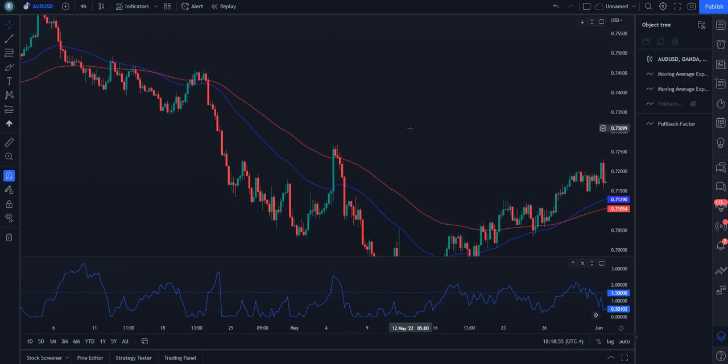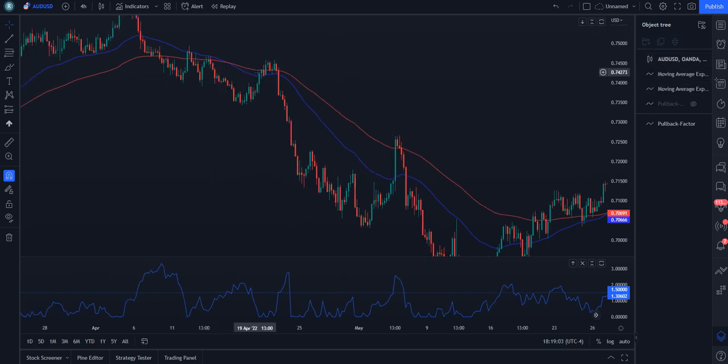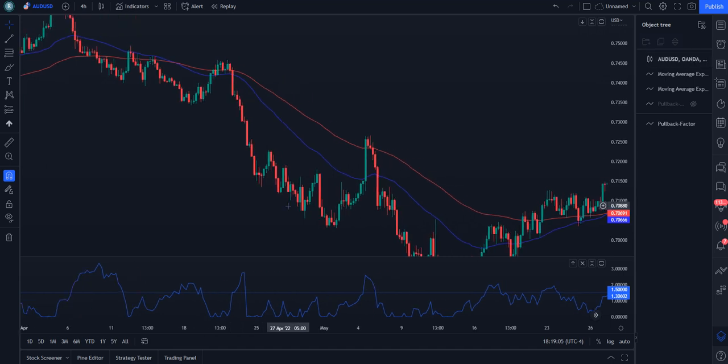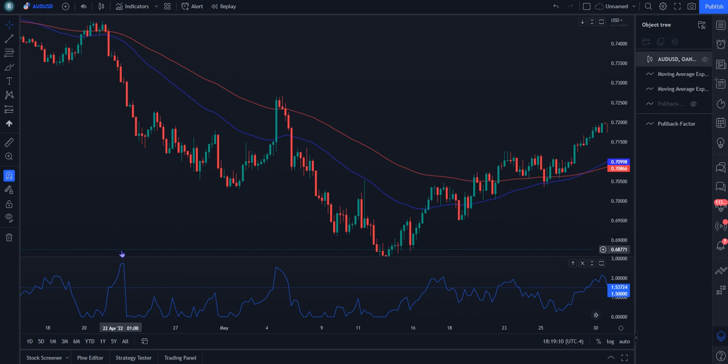So quick example here, we can see how the moving averages have crossed and obviously starts a big downtrend. Takes a moment for the indicator to get in sync with it. So you can see it goes above the line here and does have a retracement, but we are not necessarily as confident in taking that trade. Obviously this is a trade that could be taken, but we are looking for confirmations for the downtrend.